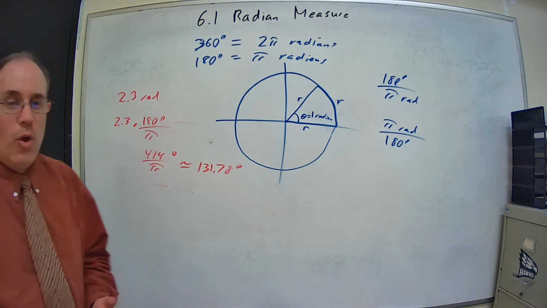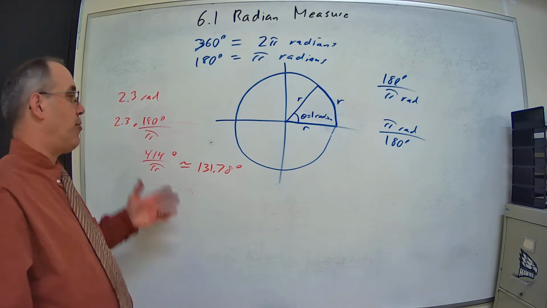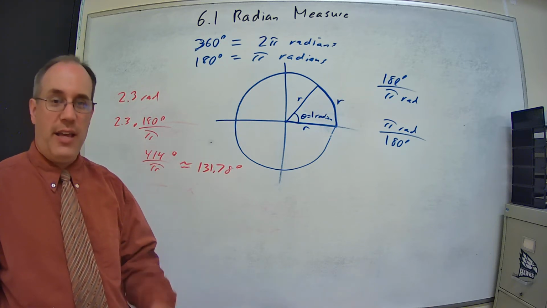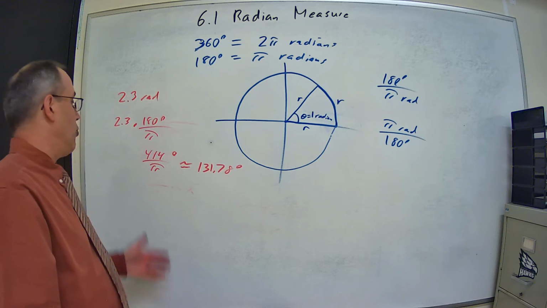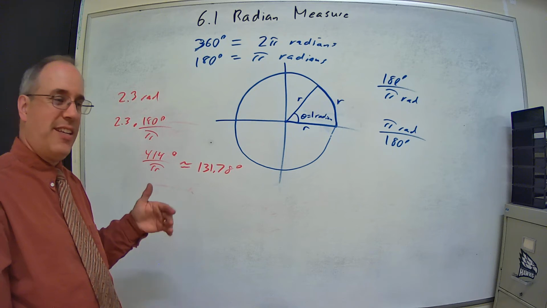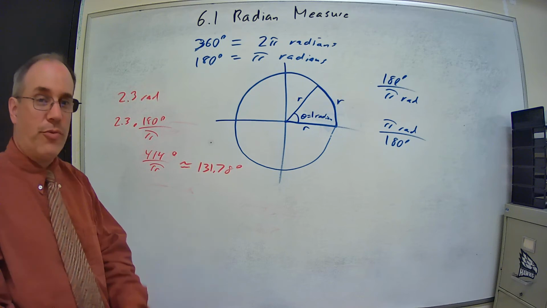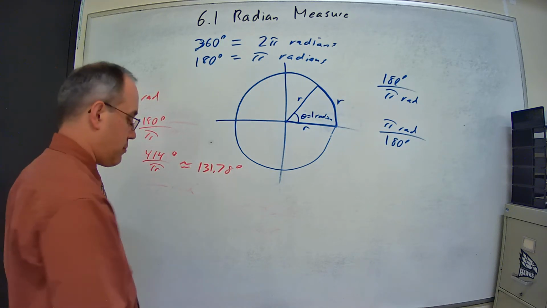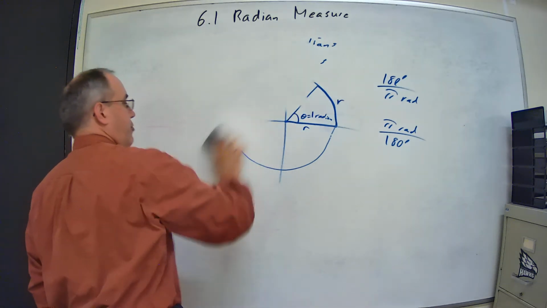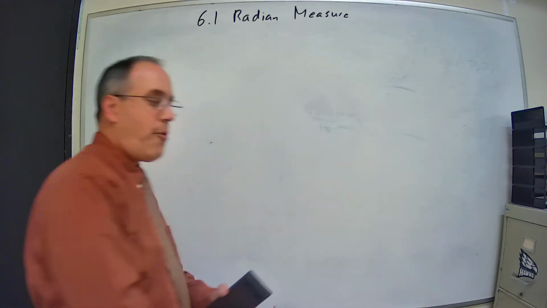And I'll be honest with you, when you're writing angle measures in radians, it is perfectly allowable to leave it in terms of pi unless you really need to specify a numerical value. Whereas if you're dealing with degrees, it's really not considered to be appropriate to leave it in terms of pi. So just to put that out there and make that clear. So that's how we can convert back and forth between radians and degrees. But now we're going to get a little fancy.